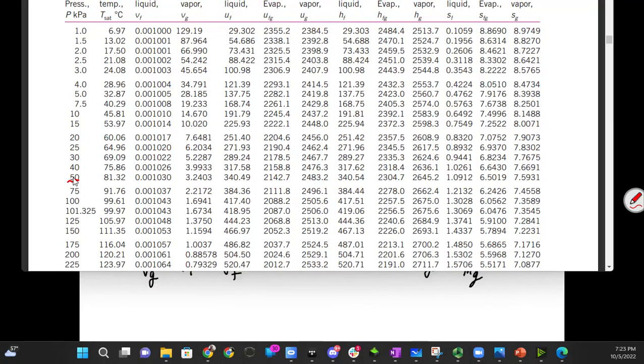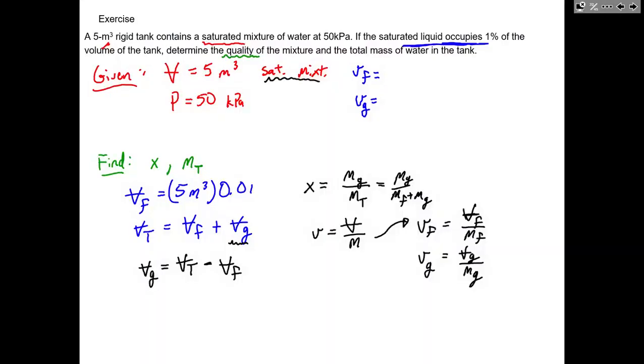And now across the top, I see that I've got a whole bunch of information. I've got the specific volume for my vapor and specific volume for my liquid. So liquid and vapor saturation, either extreme. So let me pluck that information off and use it. All right, and I'll record that right here at the top.